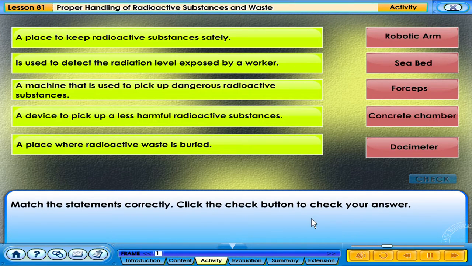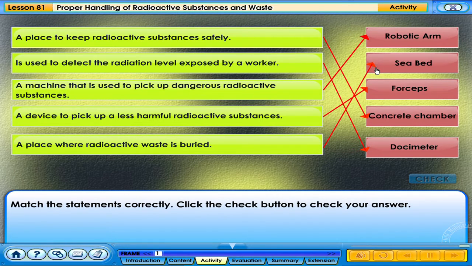Match the statements correctly. Click the check button to check your answer. Your answer is correct.